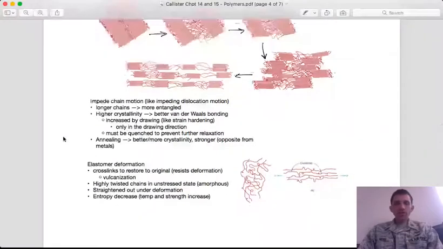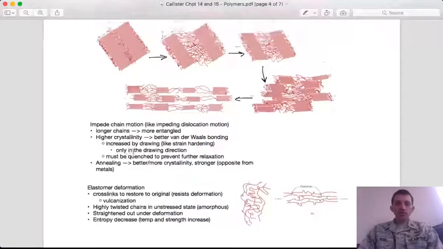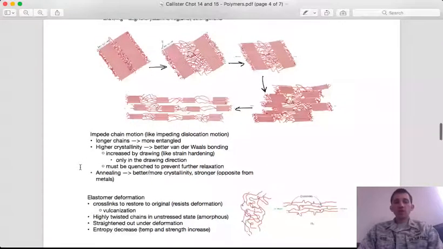An interesting difference here with polymers versus metal systems is that in metals, when you anneal, that is, when you raise the temperature of a metal part to a higher temperature, but not one that is going to return it to a different phase, i.e., back to austenite, say for steel.